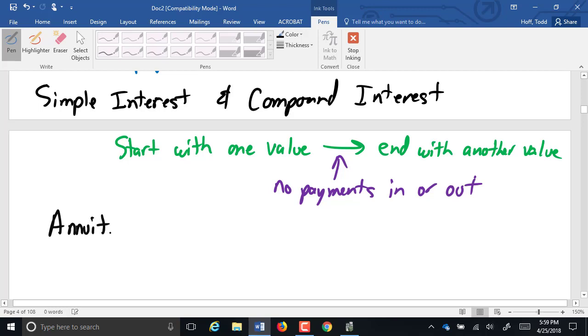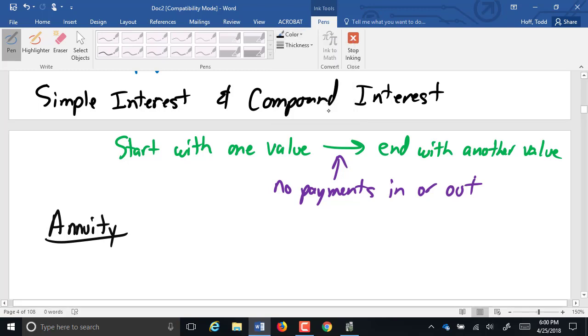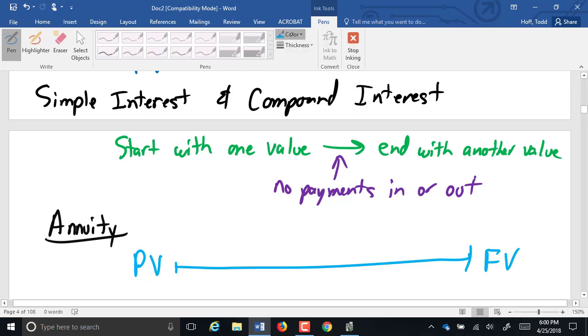which is an annuity. An annuity, we have a present value. It grows to a future value. Along the way, there are several periods.